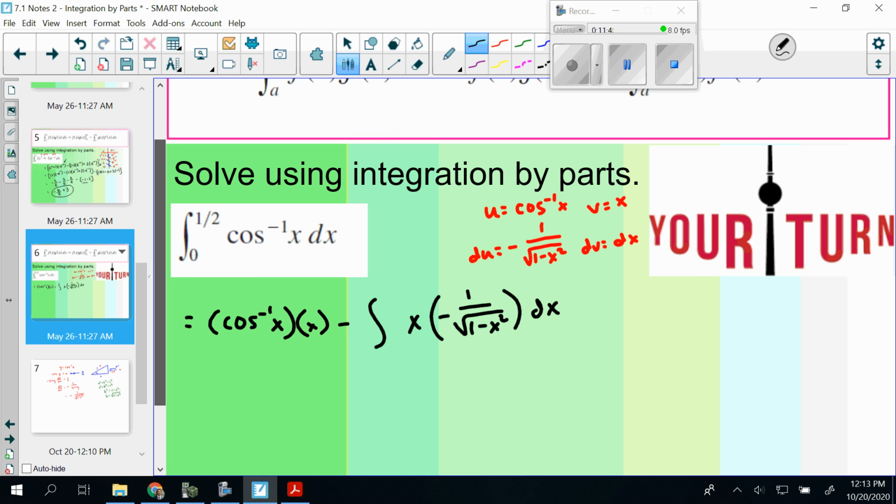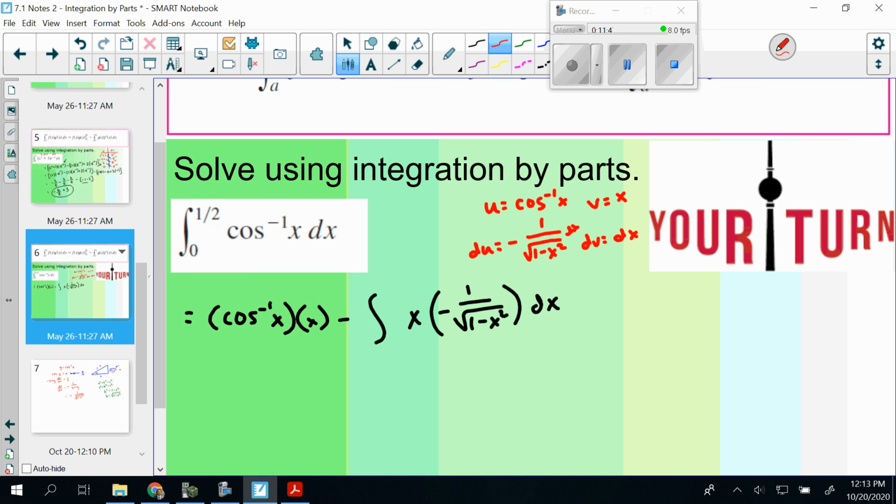Actually, I forgot the dx when I was doing that. And then this one's a definite integral, so we want to keep those limits in here, so 1/2 and 0. That also means this side we need to be evaluating at both 1/2 and 0.